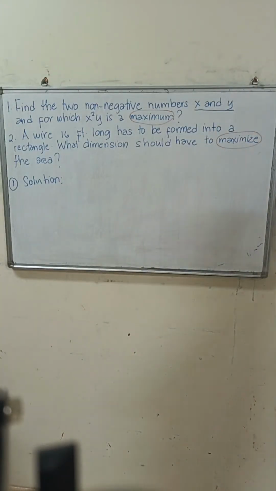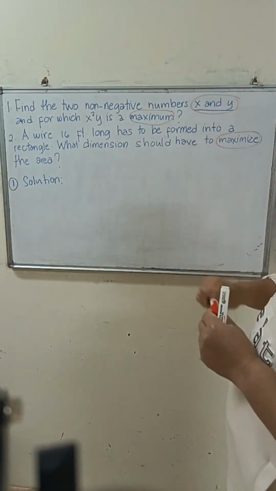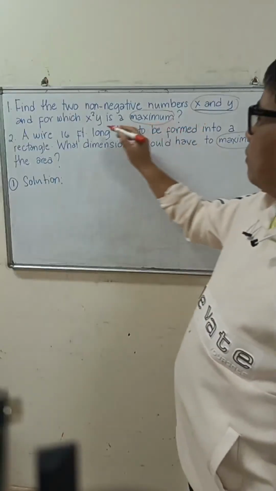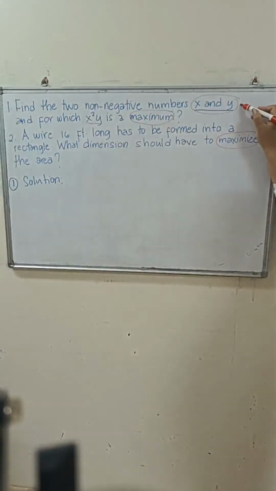Find the two non-negative numbers x and y, and for which x squared y is a maximum. So this is addition, not multiplication, right? Your idea also, because here is already multiplication, so the other one will be another mathematical operation.